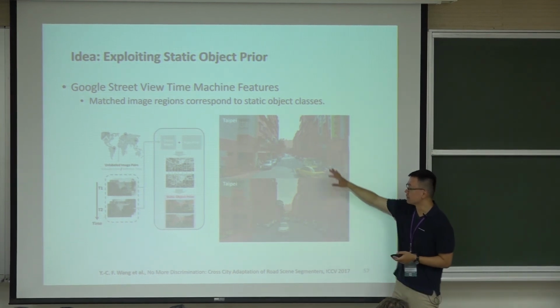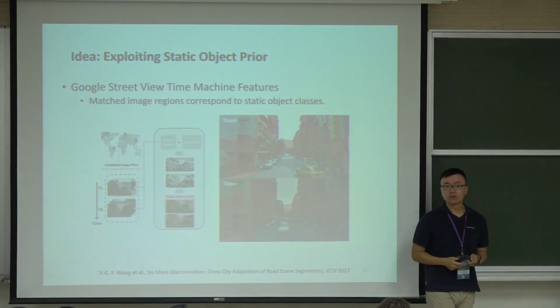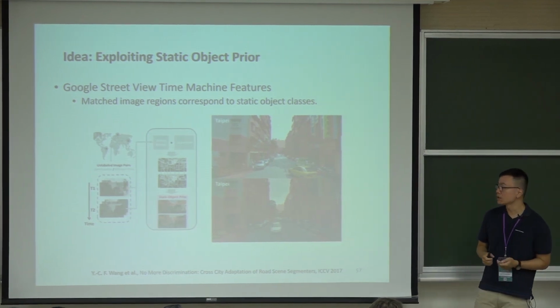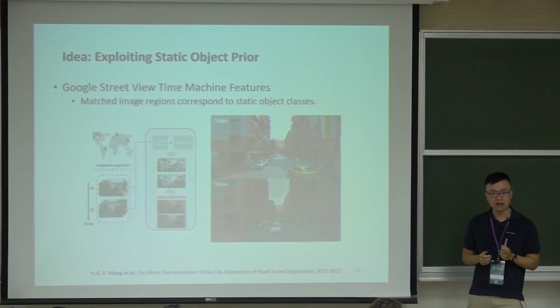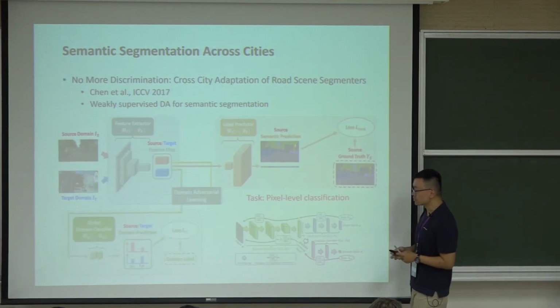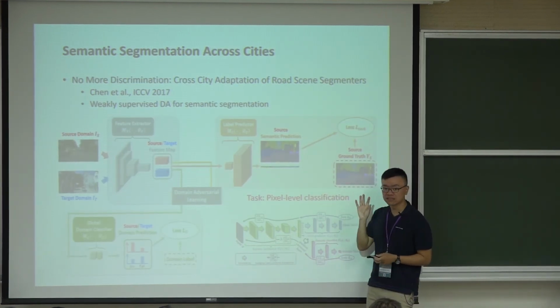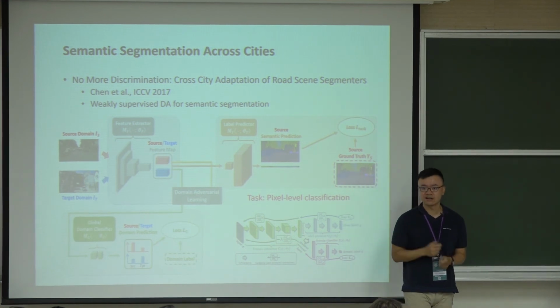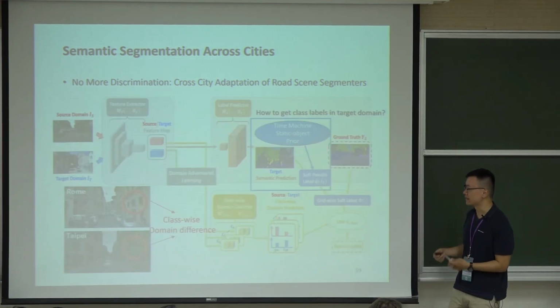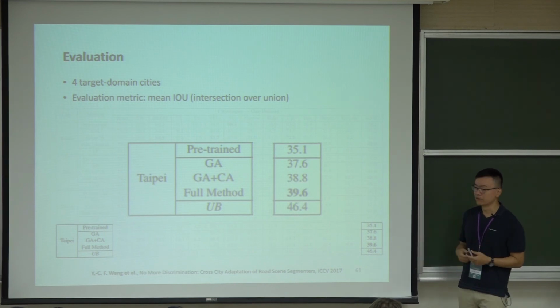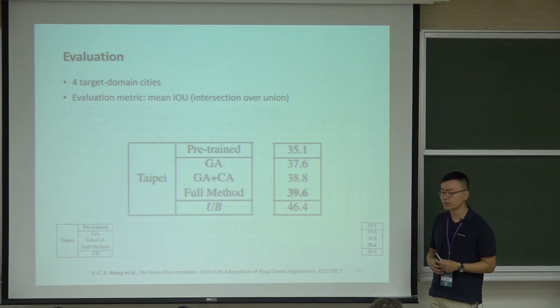So for the matched areas, we have a higher confidence calling them static objects. Then we not only do global domain matching. For those static objects, we can also do class-wise matching. And that is why we can make this segmentation performance better as well.